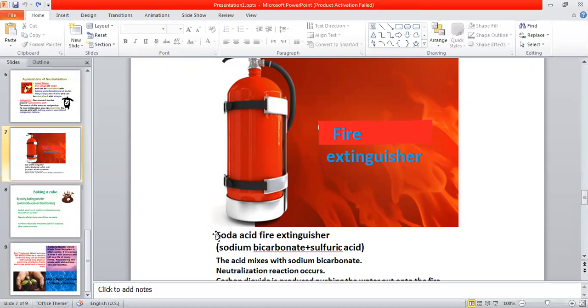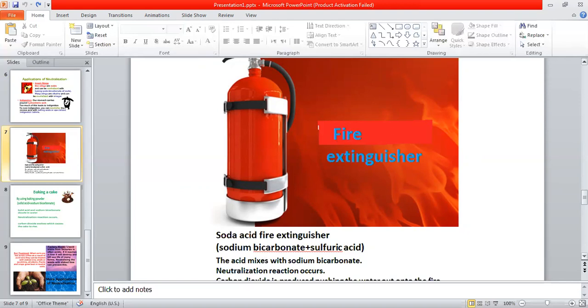It contains sodium bicarbonate and sulfuric acid. Any fire extinguisher should contain sodium bicarbonate and sulfuric acid. Of course, the sodium bicarbonate is the alkali and sulfuric acid is the acid.